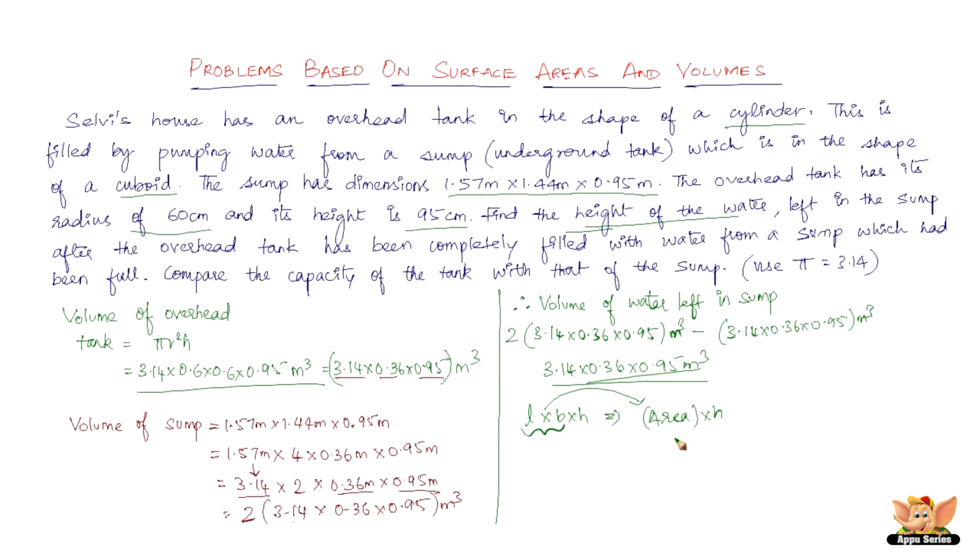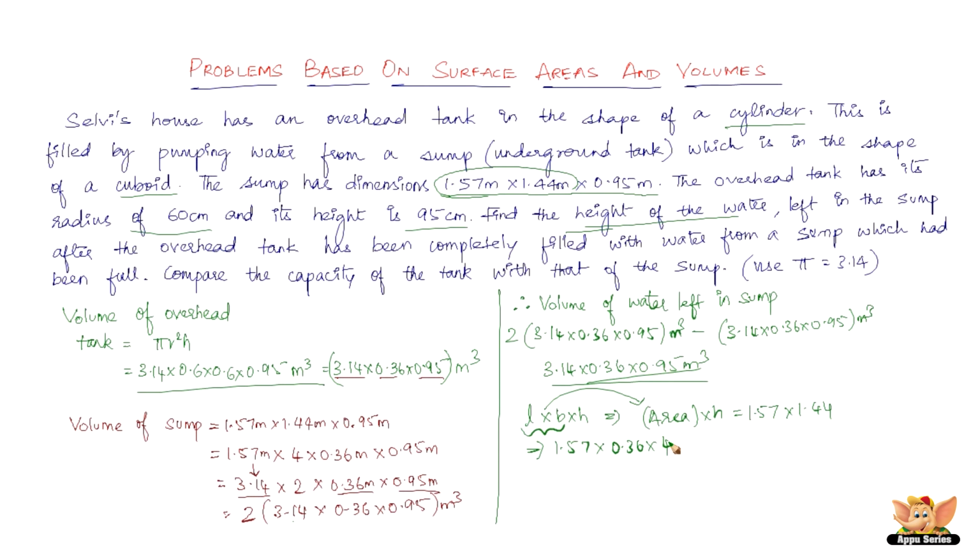So let us first find the area. The area of the base of the sump is going to be 1.57 times 1.44, right? Again, to avoid the calculations, let me show it to you. 1.57 multiplied by 1.44 can be written as 1.57 times 0.36 times 4.